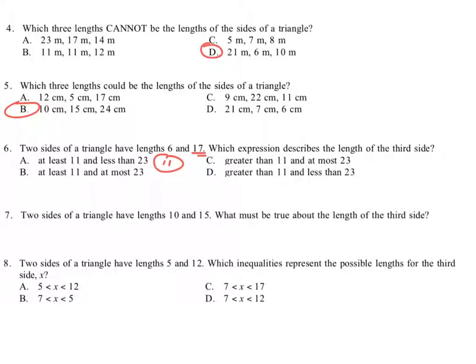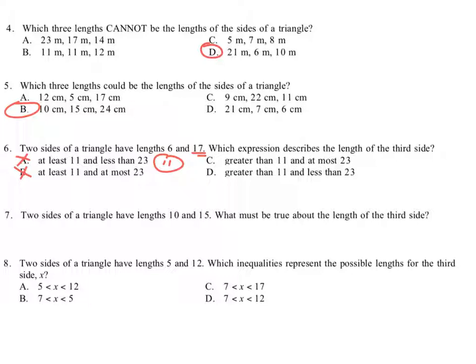And we need it to go further than just from one side to the other. It's got to pop the thing up. So we need to have something that's greater than 11. At least 11 means it could be 11. But it actually can't be 11, because 11 will only stretch us from one side to the other without giving us any extra. So we can't have it be at least 11. It's got to be greater than 11. So C and D look good.